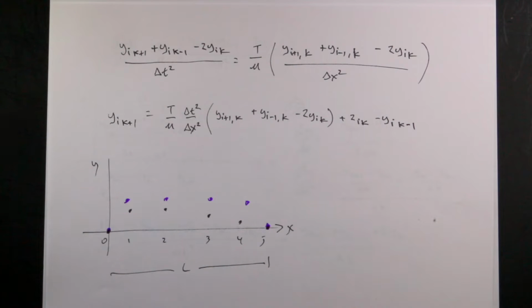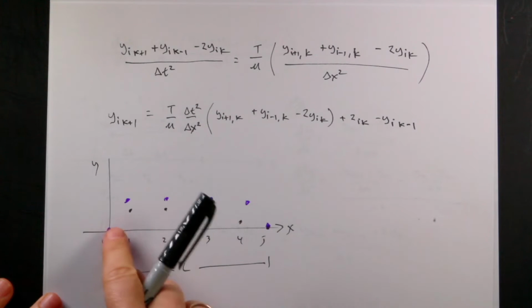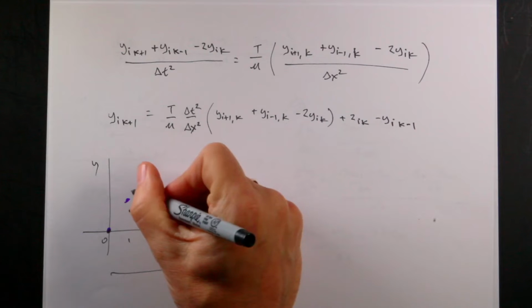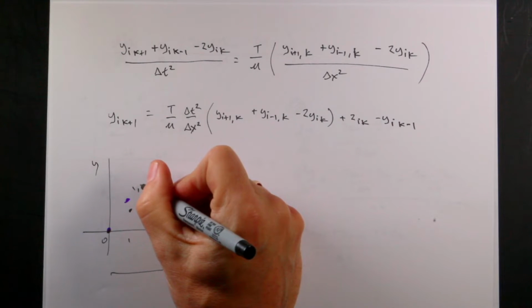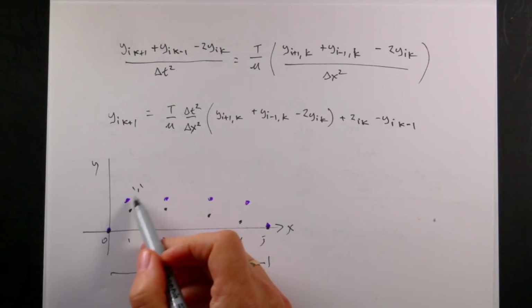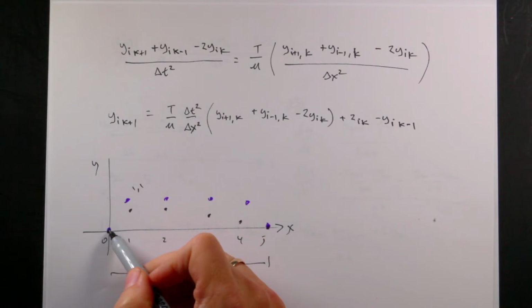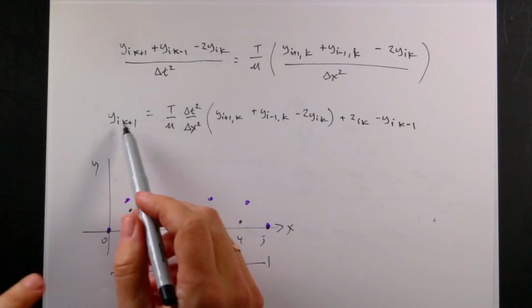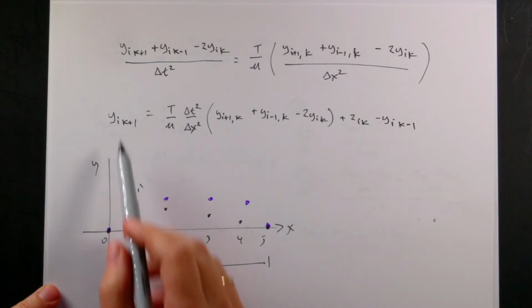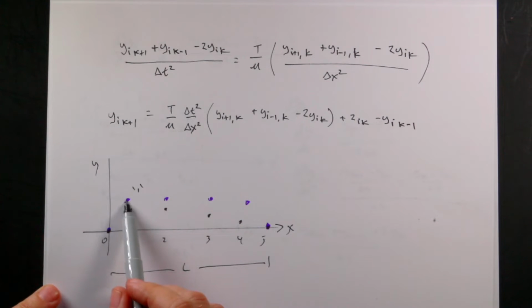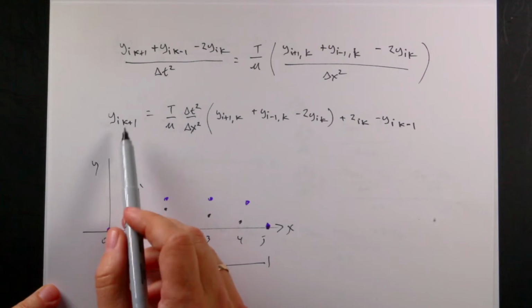So I have changes in time and changes in position. The changes in time are the k's. So this would actually be 1, 1, time number 1, position number 1. This is time 0, position 0. So this says that if I want to find the next in time, it's going to be this position at the next time.